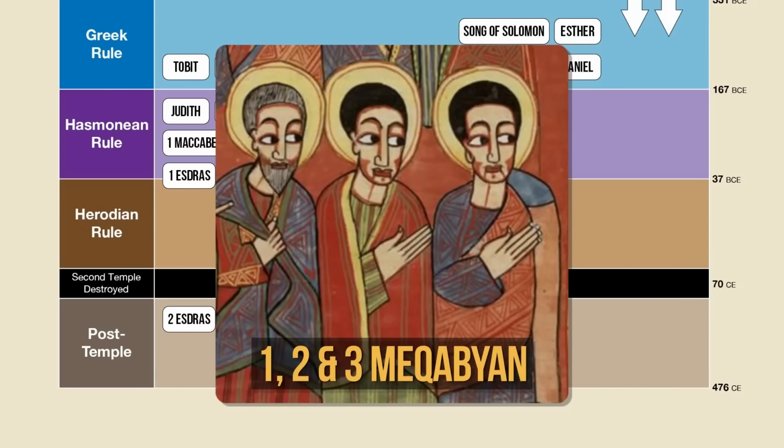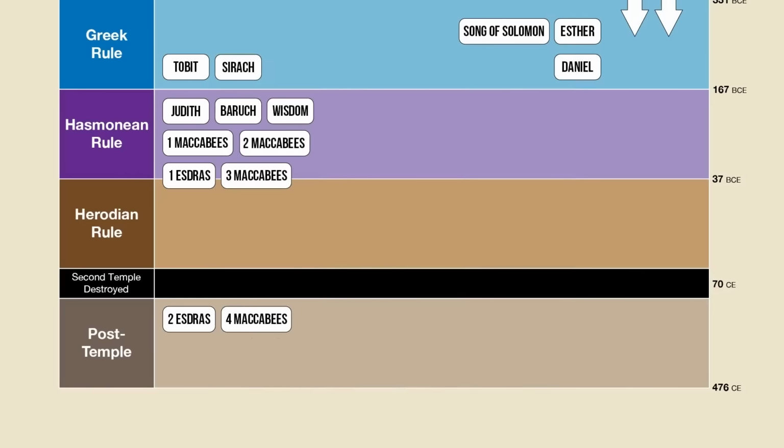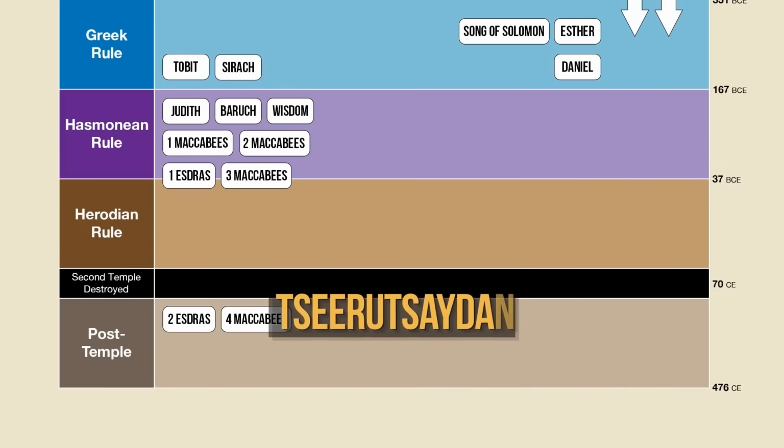The first two do appear to be loosely based on the Maccabees, but with the names and locations in the story changed significantly. For example, the evil king in the Ethiopian version is a man named Sidon.